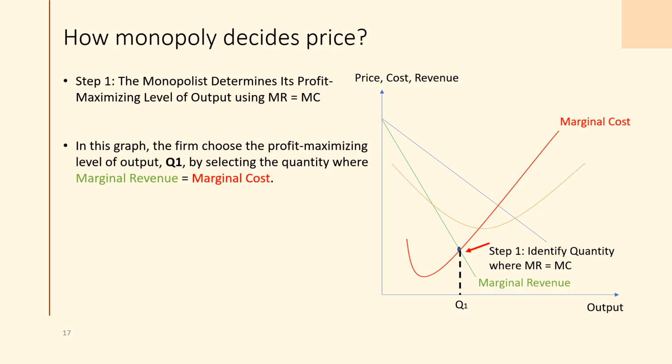Therefore, the optimal quantity occurs exactly where marginal revenue equals marginal cost. In this graph, that output level is labeled Q1. This is the monopolist's profit maximizing quantity. So the first decision the monopolist makes is not price, it is quantity.